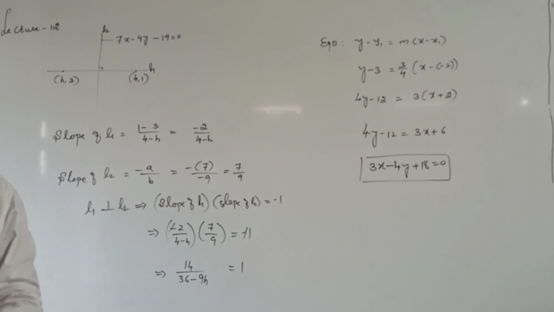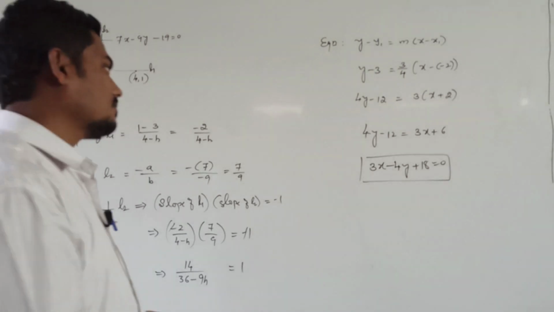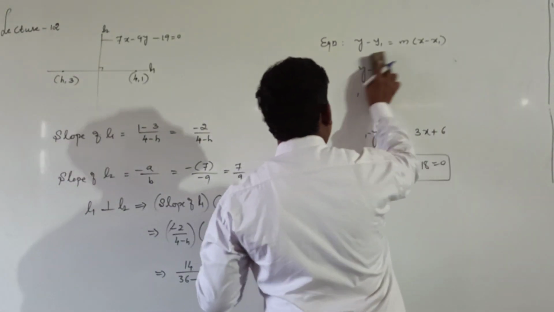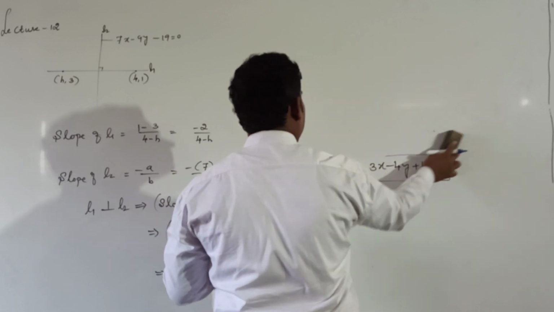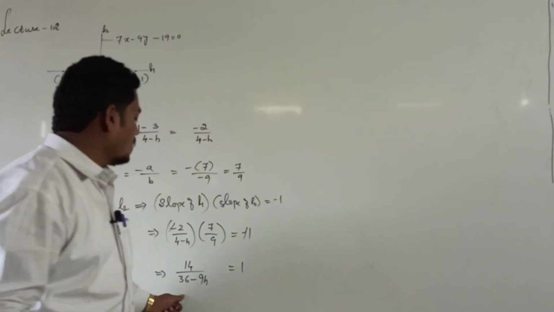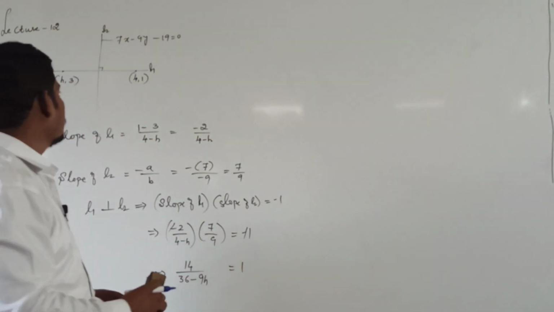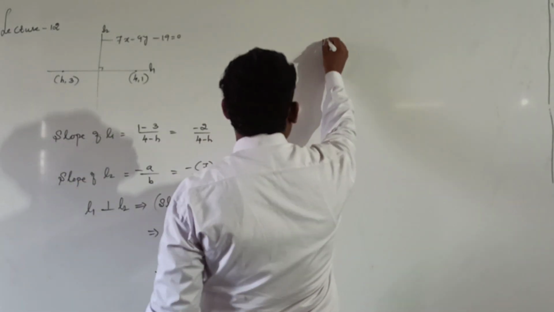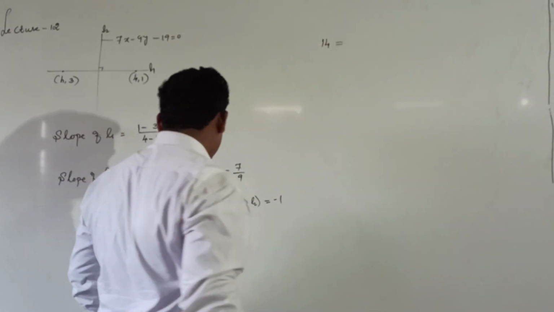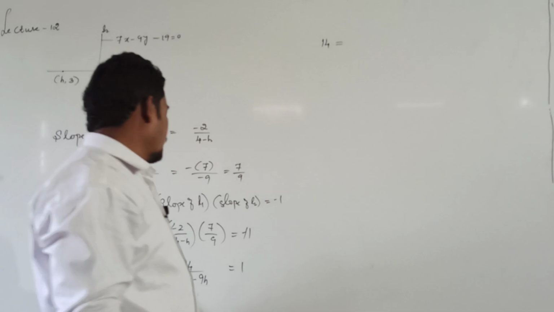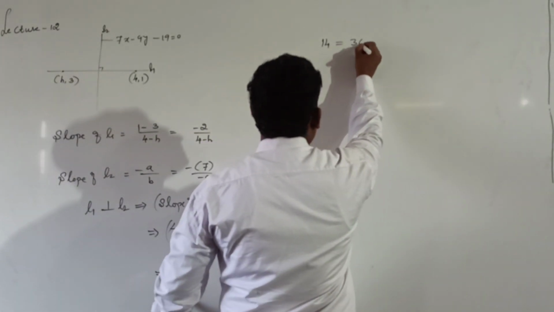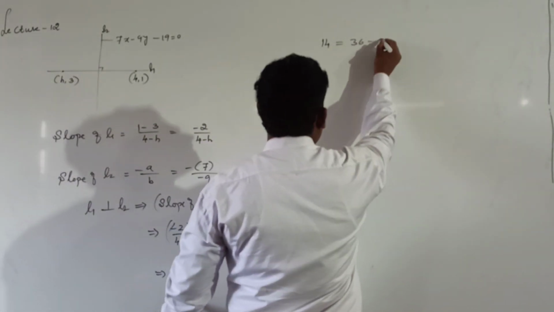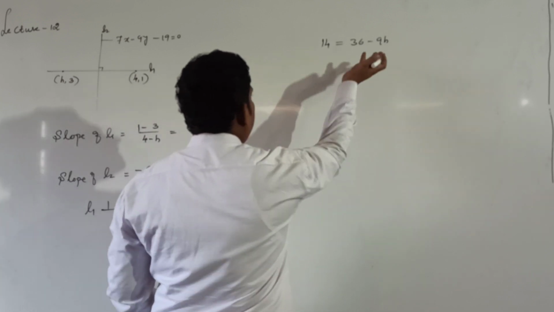Just cross multiplication and rearrangement: 14 is equal to 36 minus 9h.